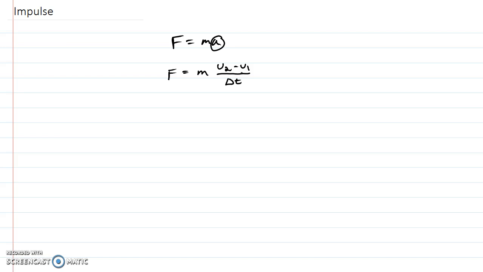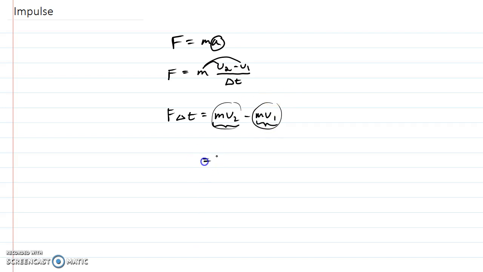Now I'm going to multiply by the change in time on both sides. So force times change in time is the same as, and I'm also going to distribute my m to the top here, so this would be mv2 minus mv1. Now you may think, well, m times v is momentum, right? This is the final momentum, and this is the initial momentum.